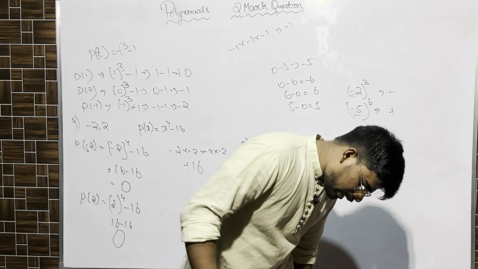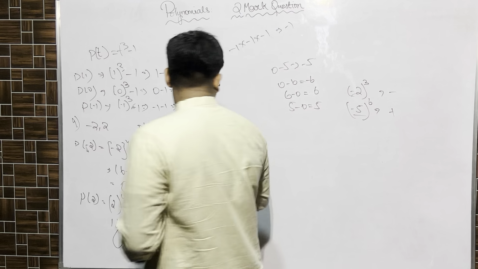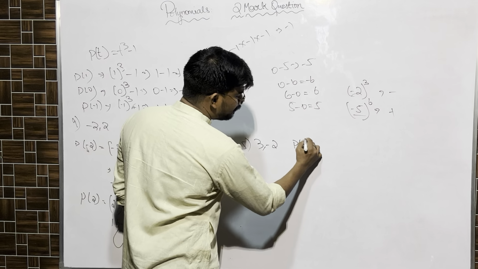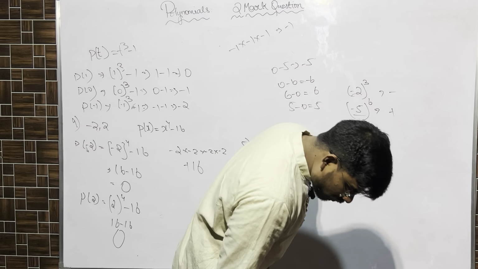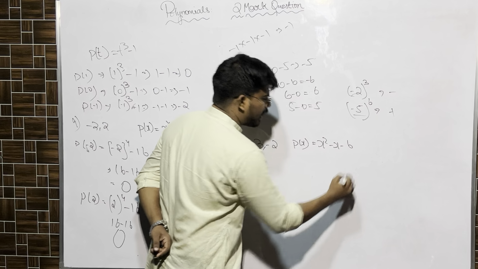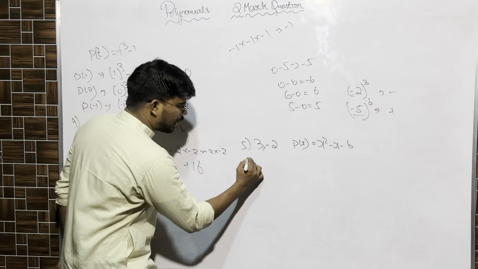The same way, in the fifth question, check whether 3 and -2 are zeros. What are the two numbers that you have to check? 3 and -2. What is the polynomial? X square minus x minus 6. So in the place of x, I have to substitute 3. First 3, P of 3.